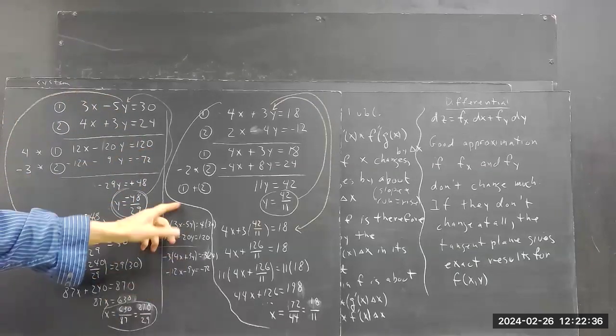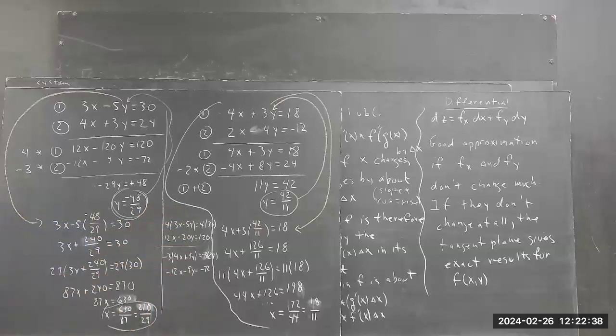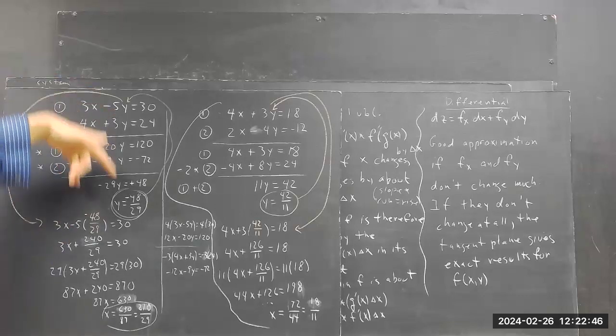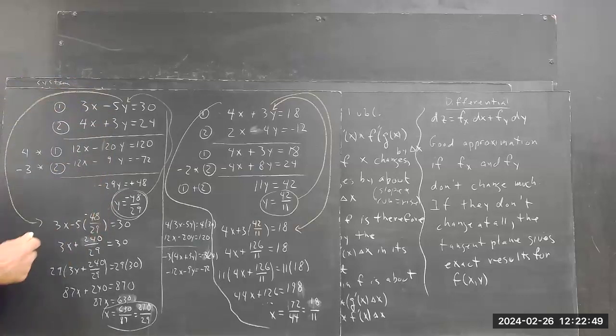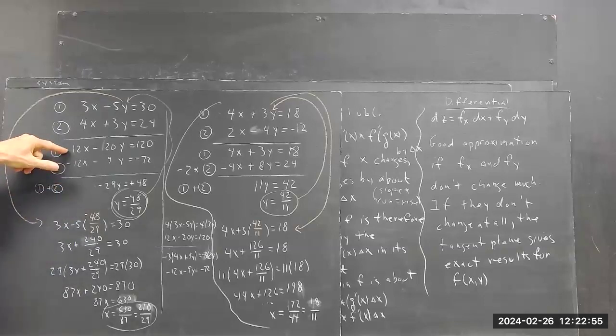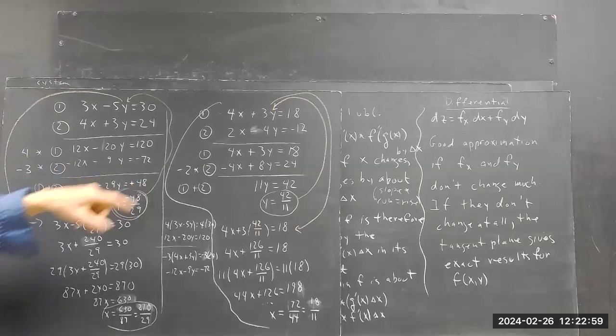I wrote that down over here. So that our coefficients of x are equal and opposite. Now, when I add the two equations, it's down here, I'd say we're down to equation 1 plus equation 2. Equation 1 referring back to this first equation, equation 2 back to this one, I get this.